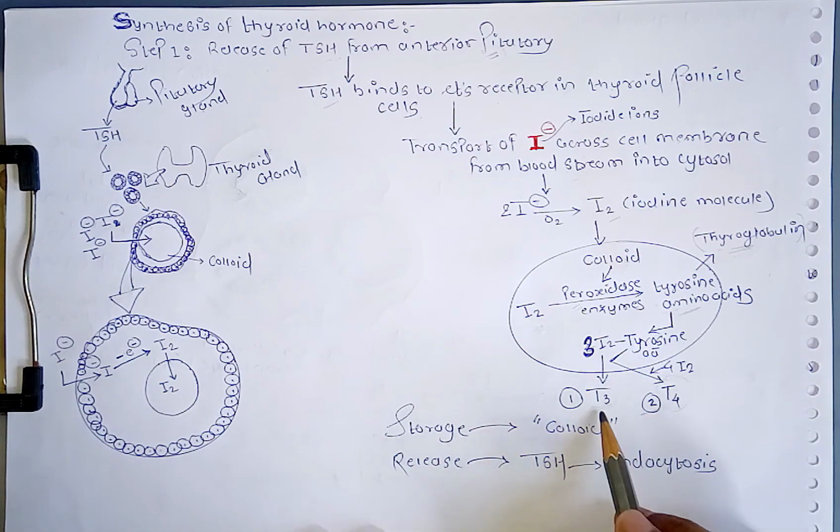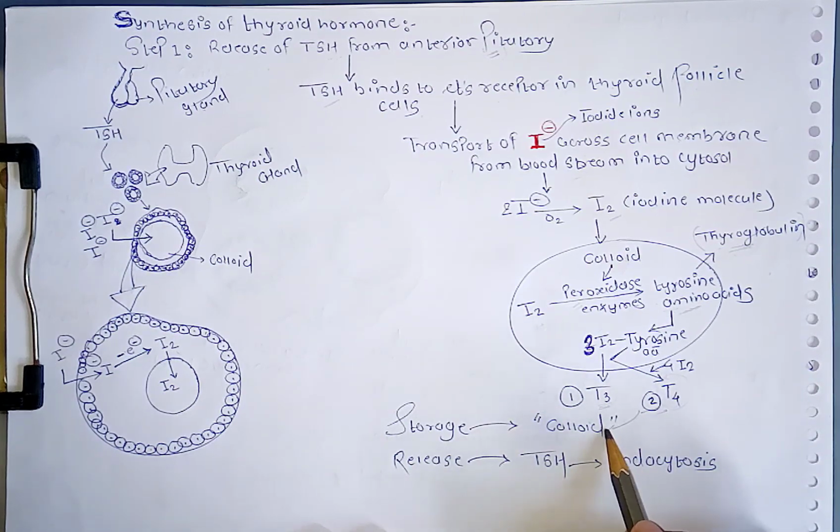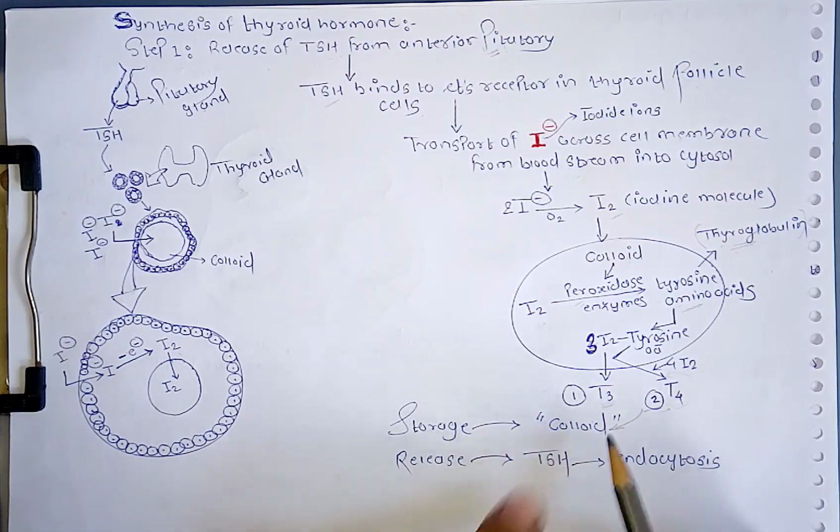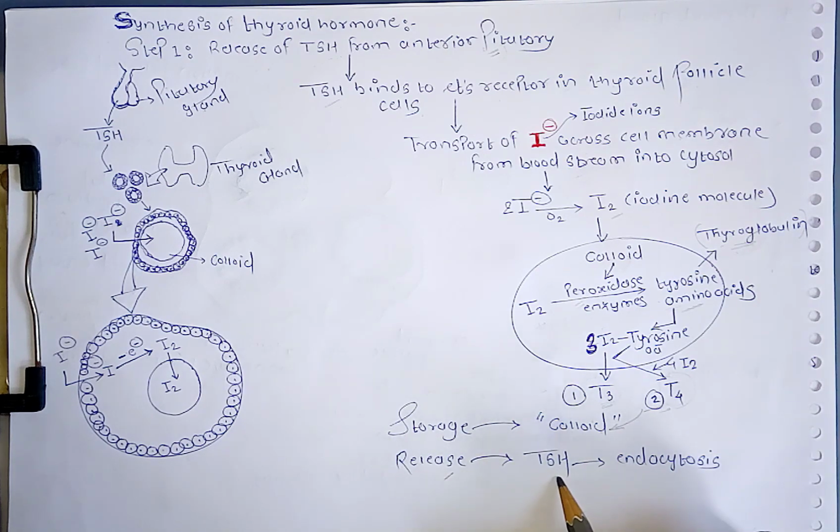After synthesis, T3 and T4 are stored in the colloid, and are released upon stimulation by thyroid stimulating hormone by the process called endocytosis.